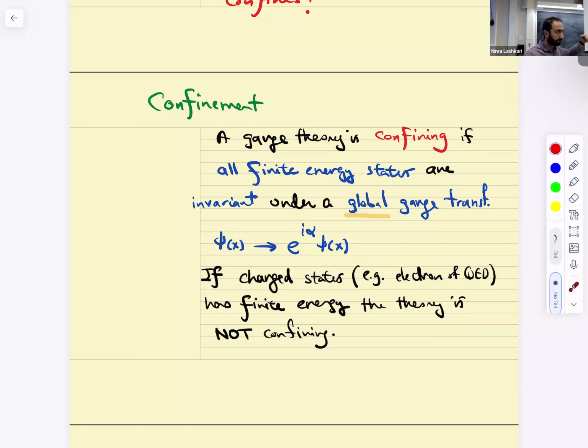Good. So one particular implication of this is that a single excitation of charged matter... So what are we describing? We're describing non-abelian gauge theory coupled to charged matter, right? We're saying that every single charged matter excitation should have infinite energy.